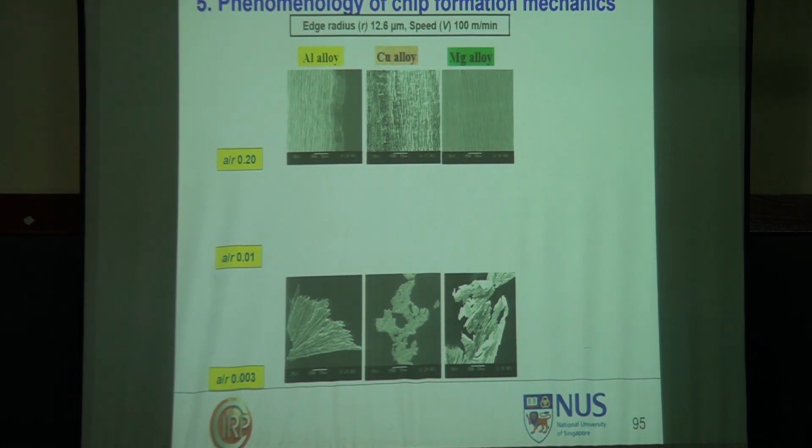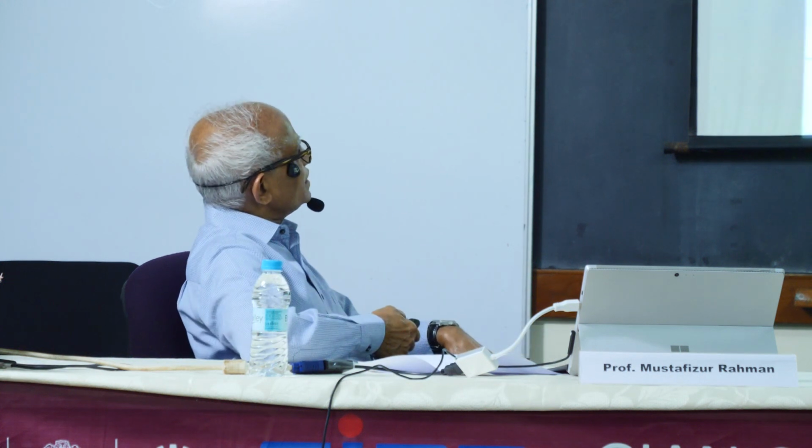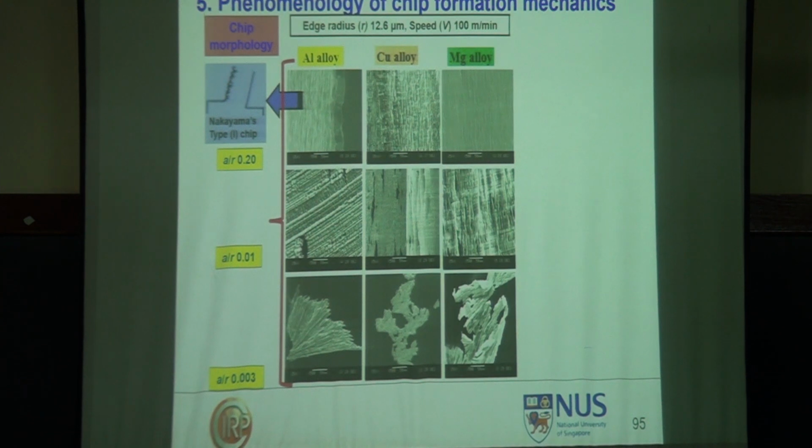Correct? So we do not want this type of chips, we want this type of chips. And when A by R is 0.1, you see, lines are very clear, but some crack is taking place. Fracture is taking place. Okay? So we analyze the chip morphology, and this was observed by Professor Nakayama long time back in Japan, and it matches his two types of chips.